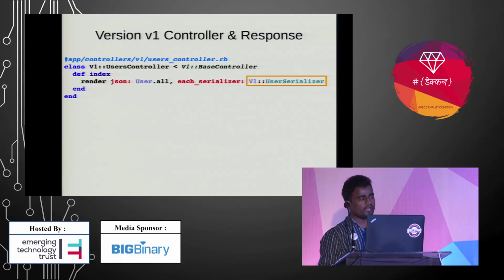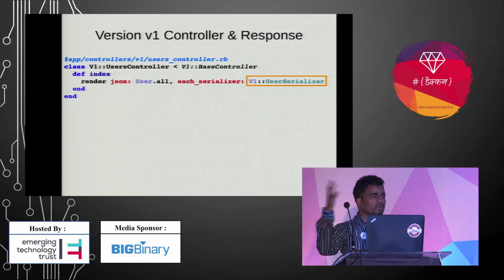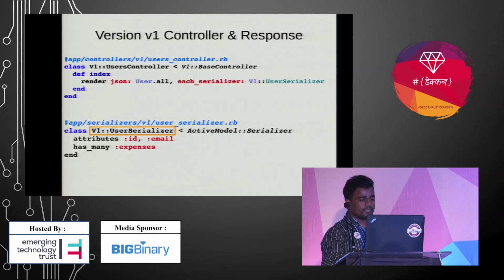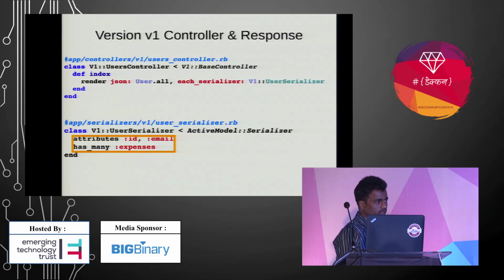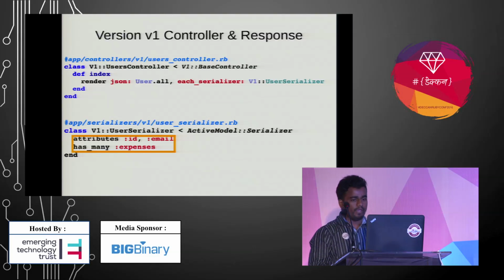So here, Active Model Serializer comes to the rescue and offers a clear layer between your model and controller. And if you can see, the first namespace user serializer will look like this, where I am controlling the fields that are going in the response of the API.